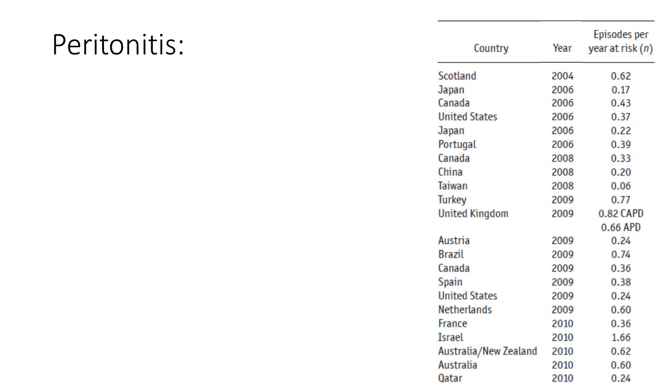You'll notice that I'm now talking in terms of episodes per year rather than 1 in how many patient months. This is the new currency, so to speak, recommended by ISPD. But 0.7 represents about 1 in 18, and that's the average we were doing in the UK 10 years ago.